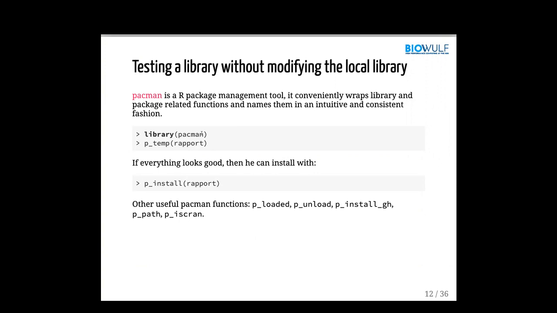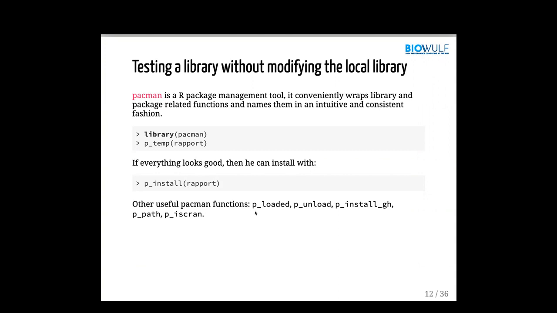For example, you don't need quotes when you run pacman. So if everything looks good, you can load pacman, then you can use p_temp to temporarily install a package. And if it looks good, you use p_install to install the package. You don't need quotes.